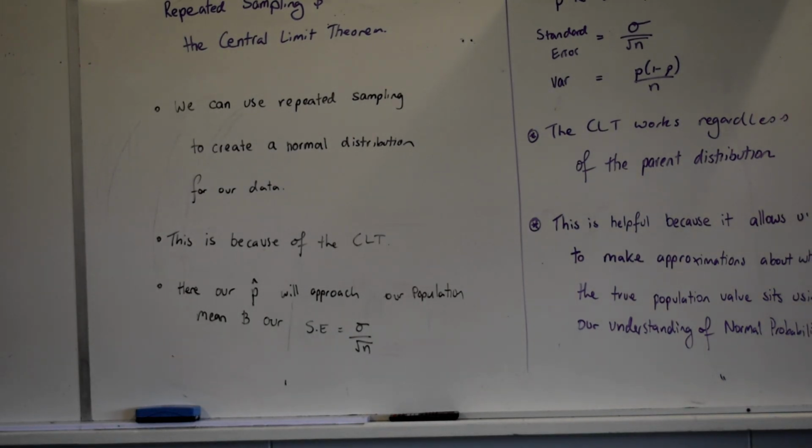So if I get a sample proportion in that Cowboys example of 58%, so 0.58, and the standard deviation of my standard error is 0.02, how would I know what range I am 95% confident the true value of Cowboys fans sits in?